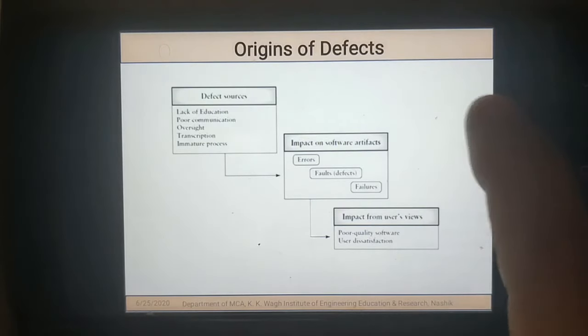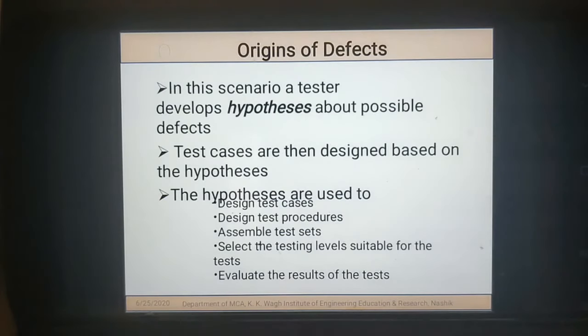For discussing more details about the classification of the origin of defect, first, how to identify the origin. For identifying the origin of the defect in a system, we have to develop a hypothesis for the defect. How to develop the hypothesis? For that, you have to write the test cases for the design hypothesis. Now how to design the test cases?